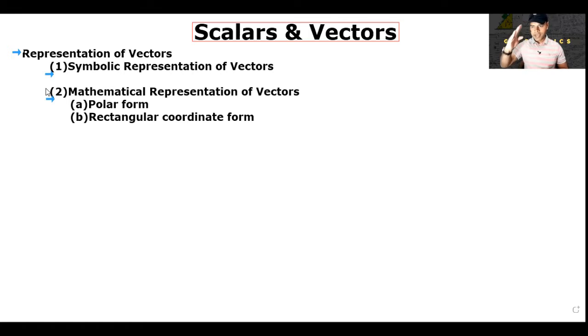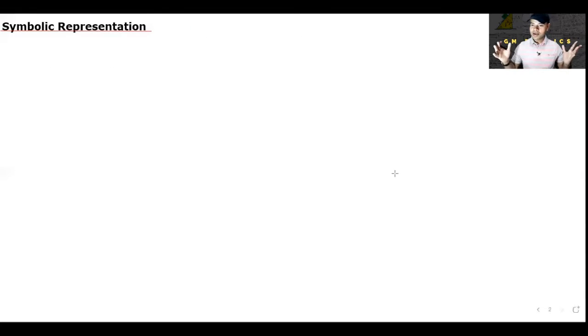So let's begin. Symbolic representation of vectors. From the name itself, we understand that using a symbol to represent a vector means we have to use certain symbols or a symbol which represents a vector quantity. And we know a vector has both magnitude and direction.